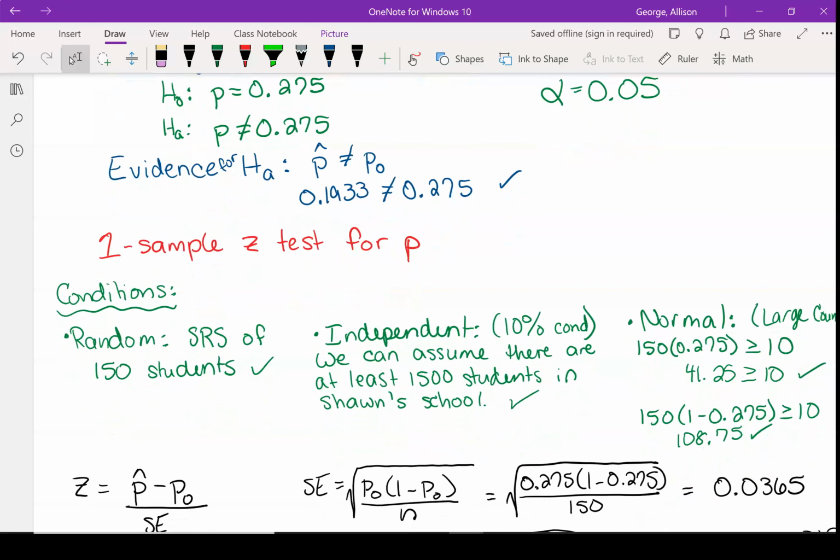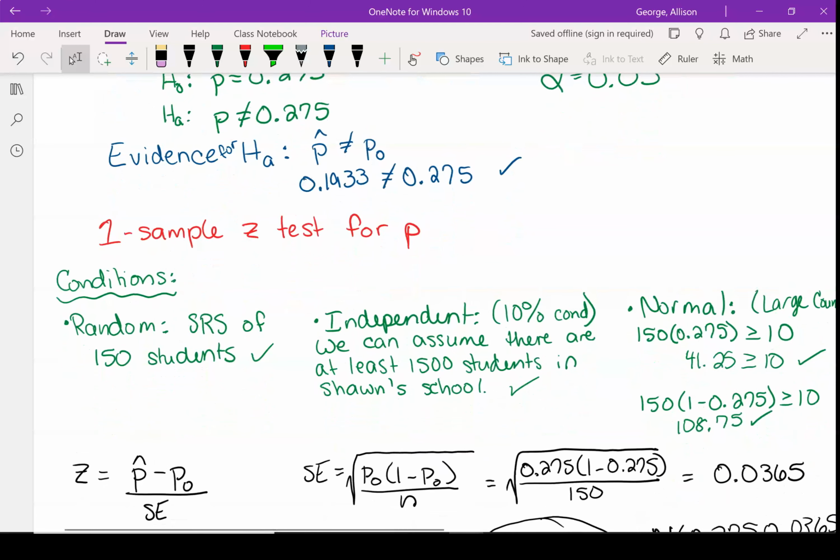So what we need to do first is find our z-score, and the formula for z-score is p-hat minus p-null over our standard error. I like to calculate the standard error separately. The standard error is the square root of p-null times 1 minus p-null over n. When I calculate the standard error, I get 0.0365.